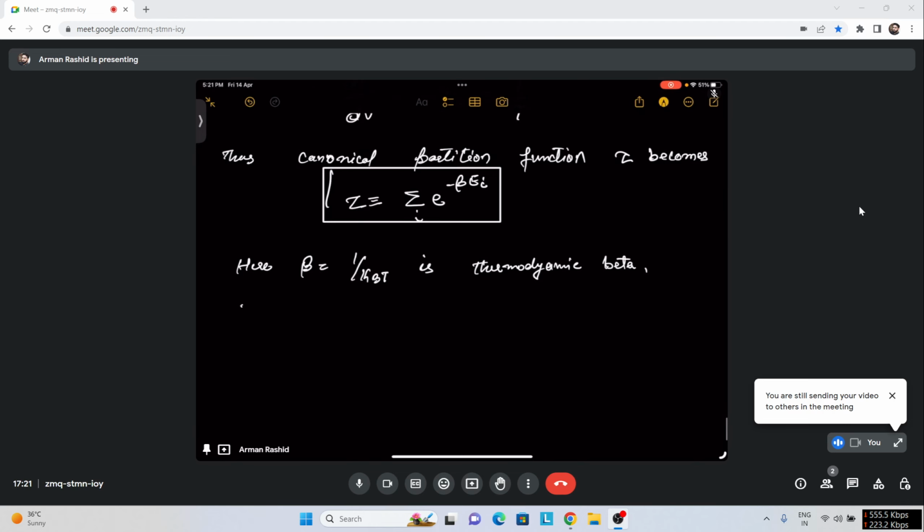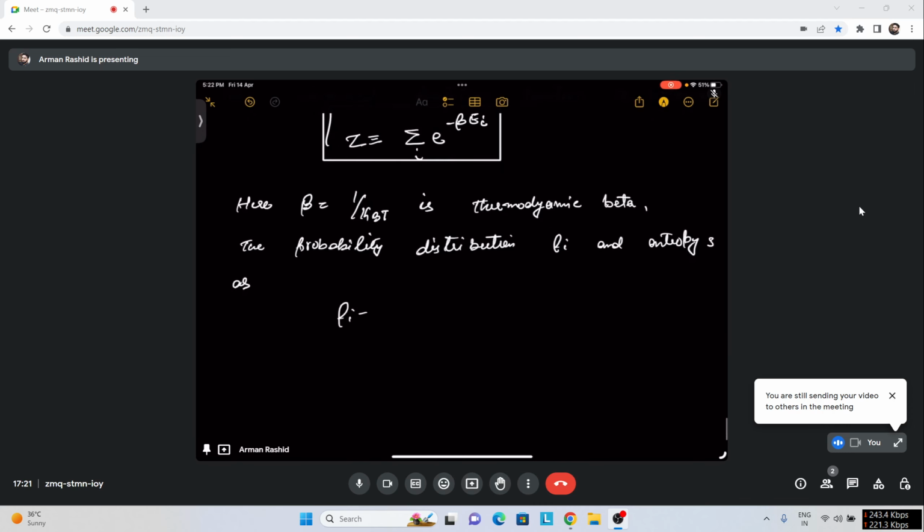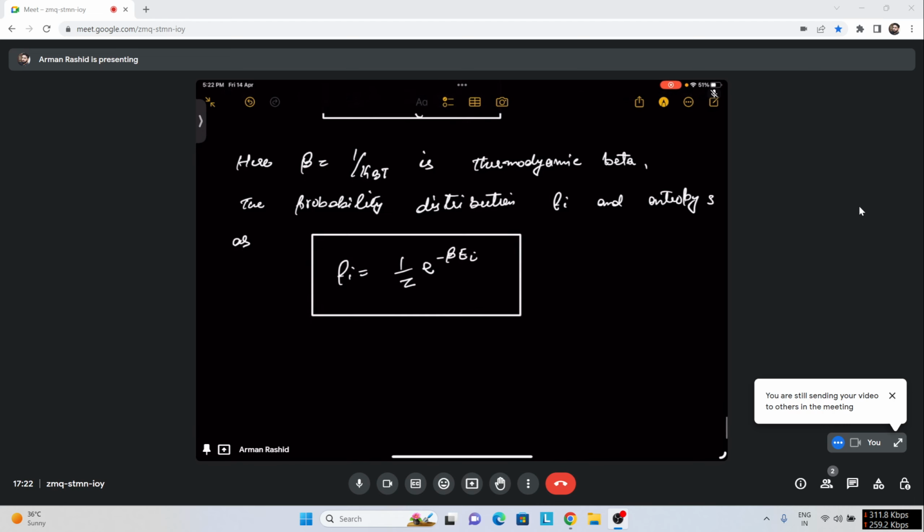Now we can also write the probability distribution rho I and entropy S as rho I will be given by 1 by z e raised to the power minus beta ei. Now this is the probability that a particular state is occupied.